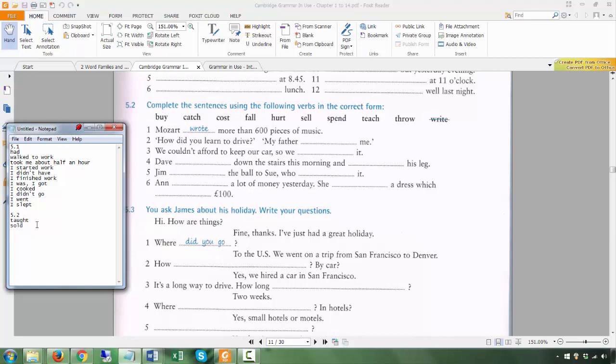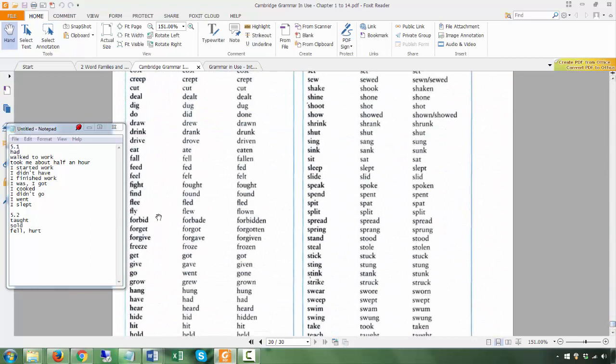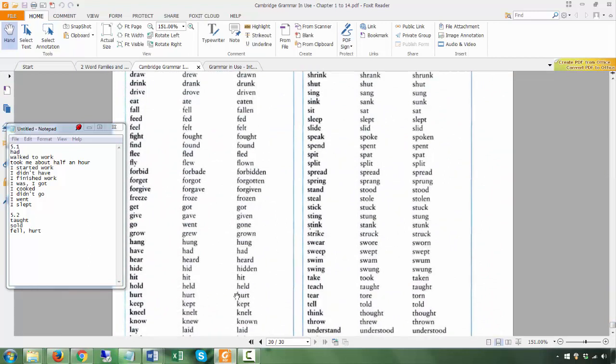Dave walked down the stairs, fell, past simple of fall, this morning, and broke, past simple of, is it broke? Hurt and hurt. Hurt, the base verb, and hurt, past simple, is also the same, not hurted. Okay. So this is a past simple, this is a past participle.